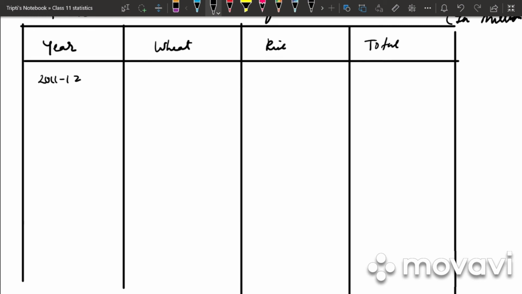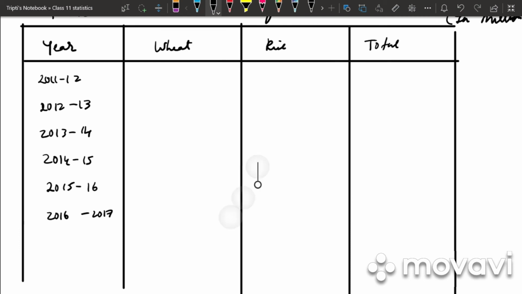So what are the years? 2011-12, 2012-13, 2013-14, 2014-15, 2015-16, 2016-17.